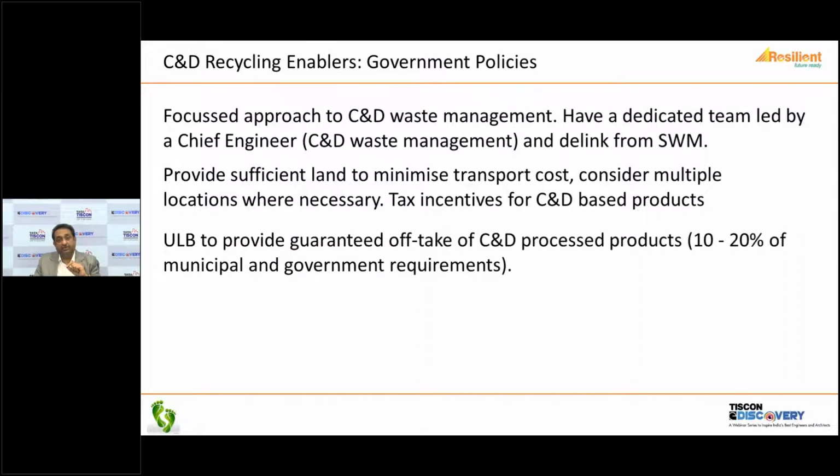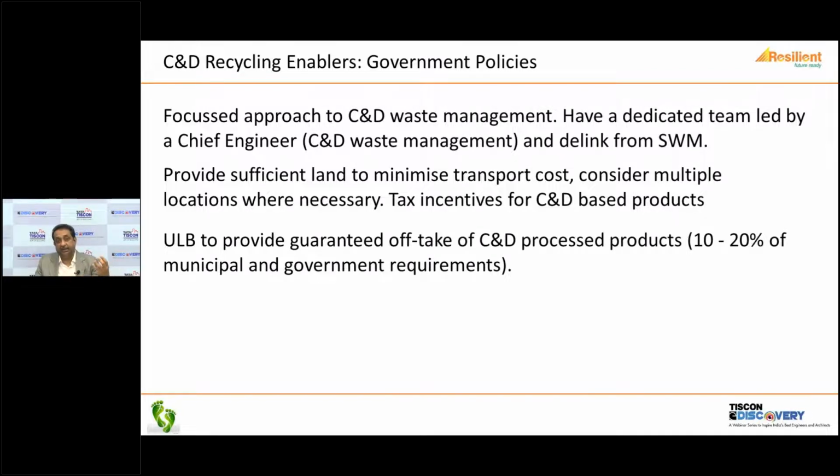One of the biggest problems is the inventory or the offtake of the material. If you have a C&D facility, you are crushing and making all the best material to be used, and there is no offtake, then the whole operation comes to a standstill because the inventory has blocked your entire operations. So to make this smooth, there should be a seamless way of incoming material, processing, and the material going out of the plant.